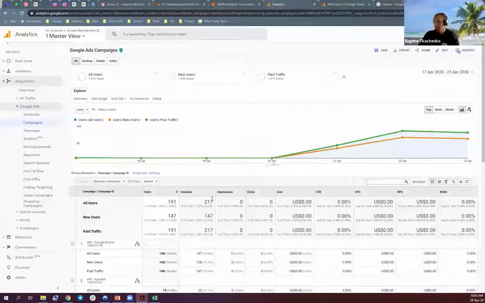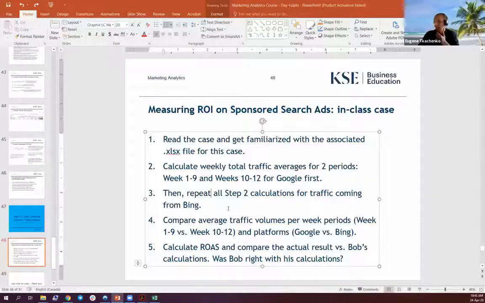So for now, could you guys please focus for the next 5 to 10 minutes on working on step 3 and step 4? We basically want to summarize the click volumes for both Google and Bing by week and by platform, so then we will be able to compare results.